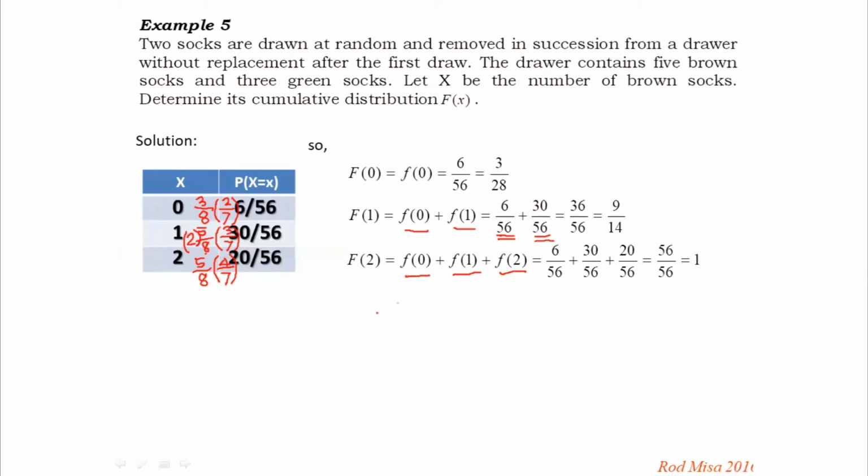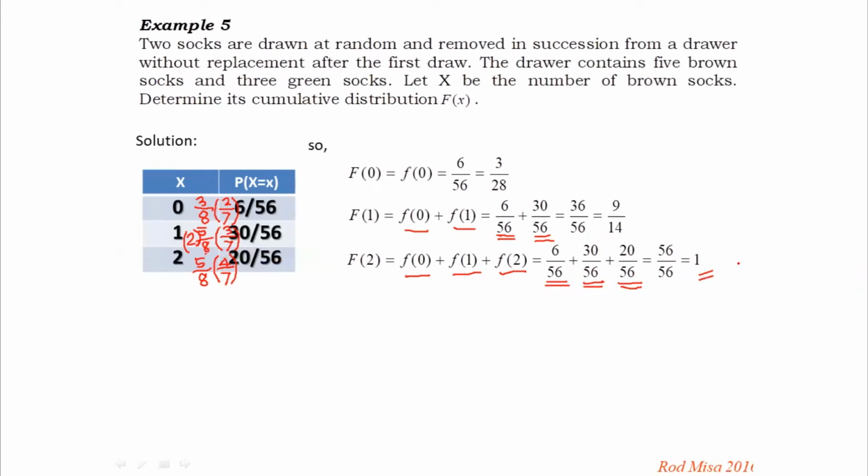We know that the small f of 0 is 6 over 56, the small f of 1 is 30 over 56, while the small f of 2 is 20 over 56. Adding these three fractions, we have 56 over 56, which is equal to 1.